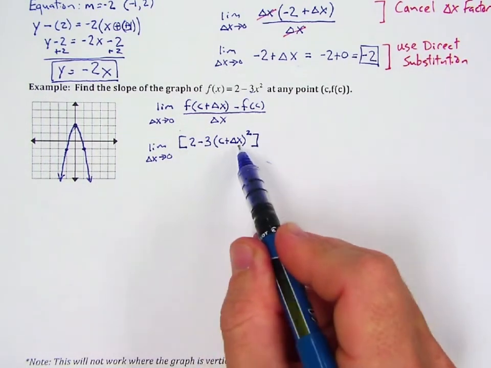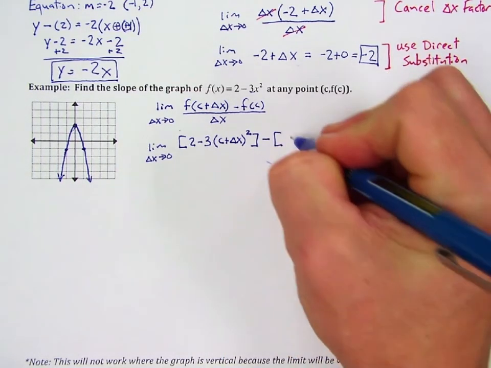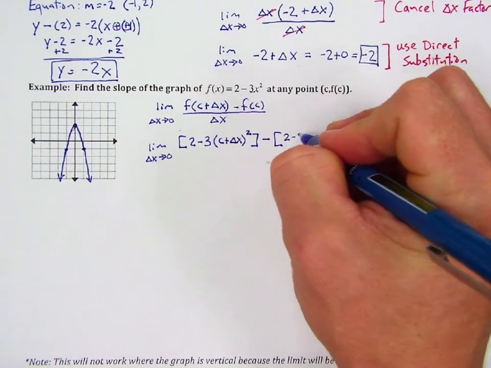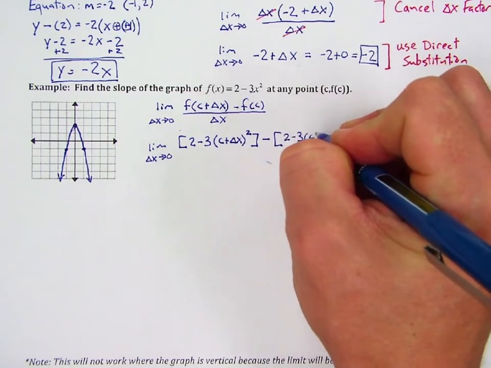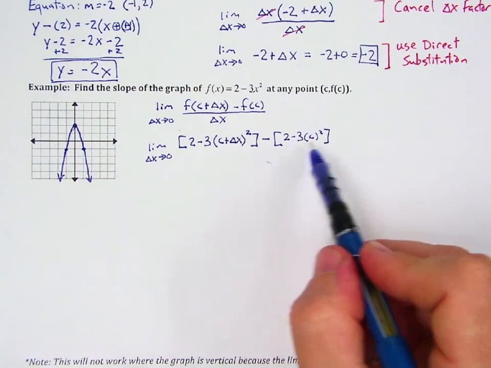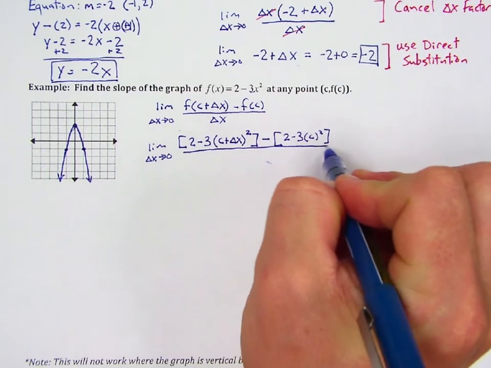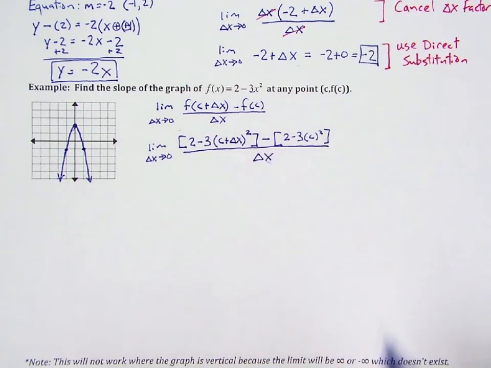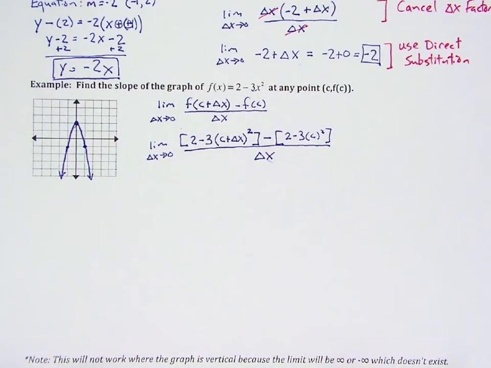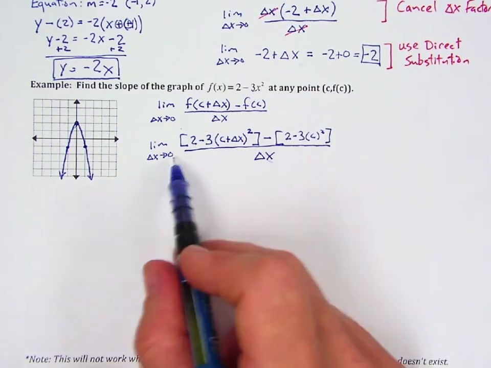And here's f of c plus delta x. And here's just f of c. All right, so once we've substituted into our function, we're going to actually simplify this.